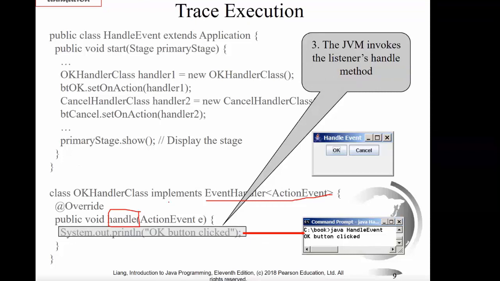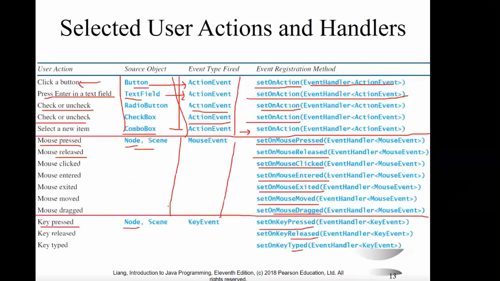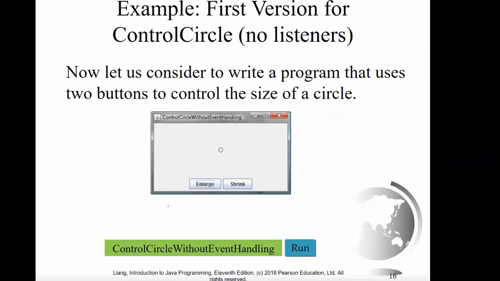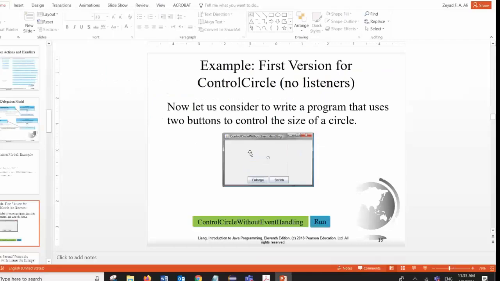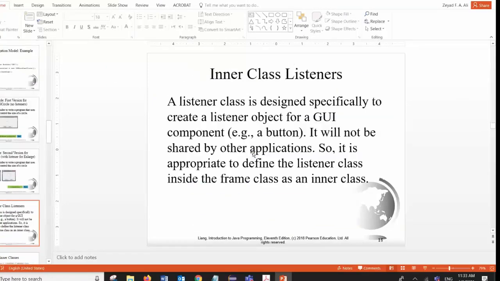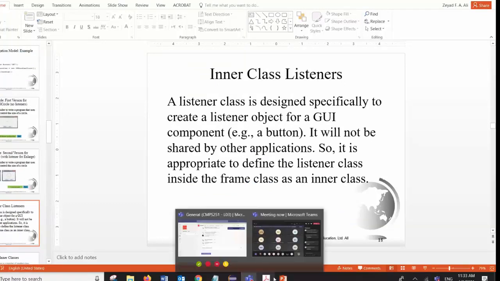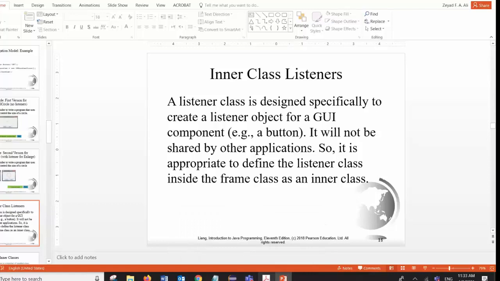I am expecting an action event. If you are expecting a mouse event, you make it a mouse event. So we go back here. Okay? If no one is listening, nothing is going to happen. If someone is listening, everything can happen. I mean, if you don't want to listen, don't listen.